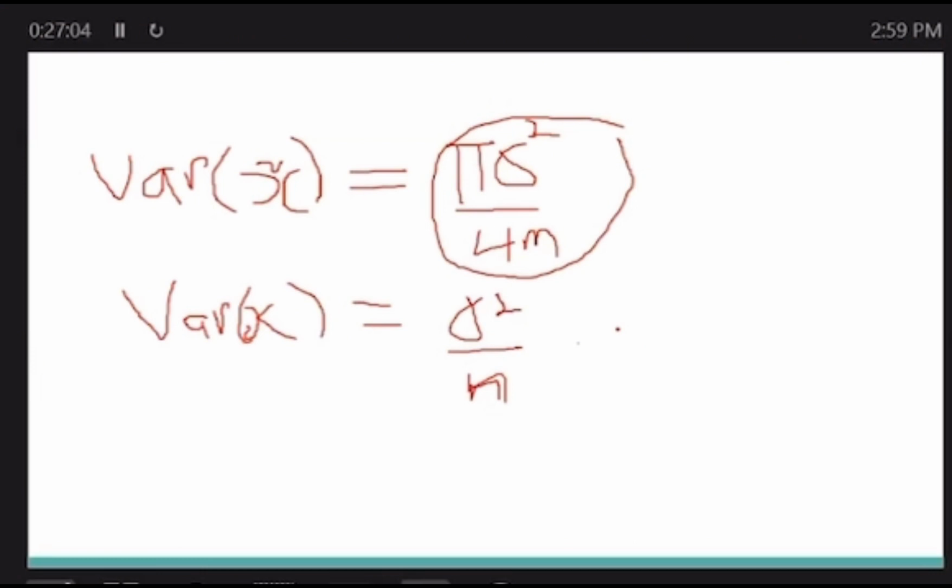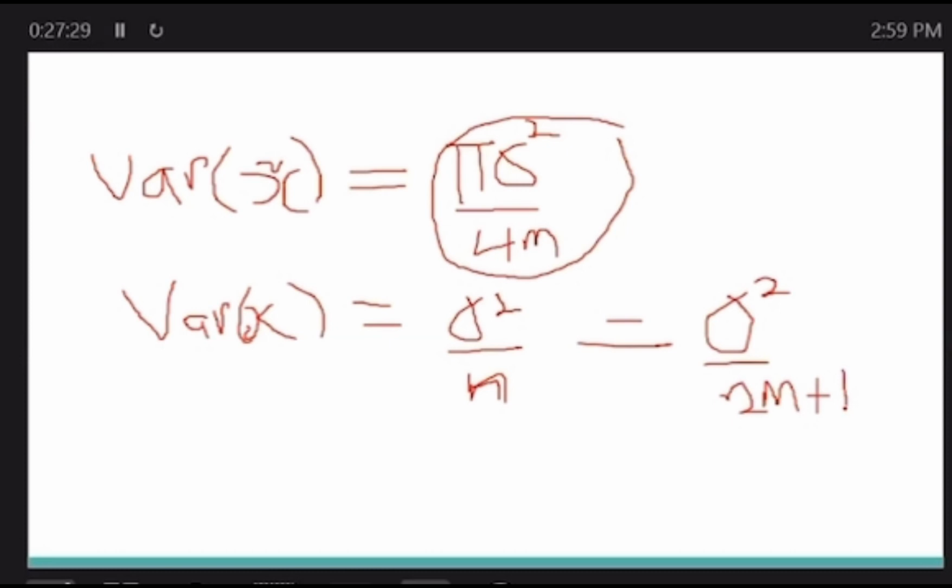And with sigma squared divided by n, initially when I started, I equated n to be 2m plus 1. Now I need to take a look at this.